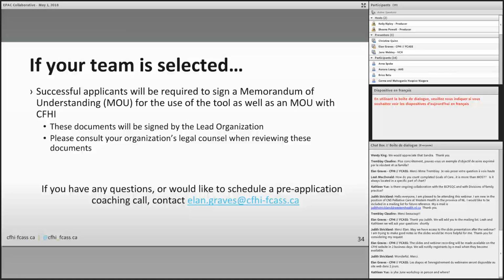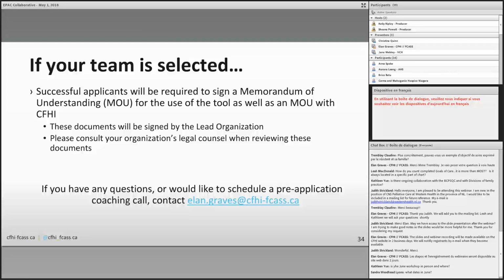If your team is selected for participation, the lead organization would be required to sign a memorandum of understanding, and that outlines your team's commitments and CFHI's commitments to you. It's important because it's the agreement that allows us to provide seed funding.